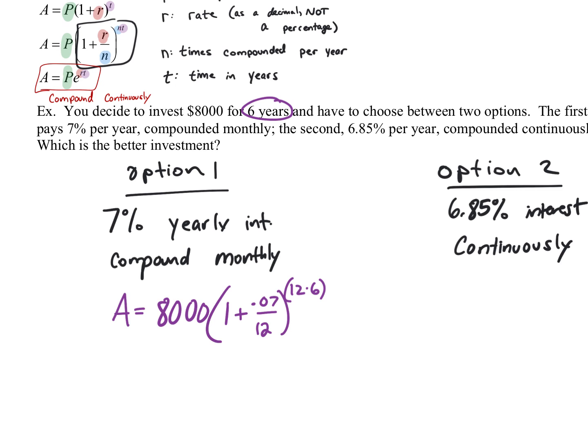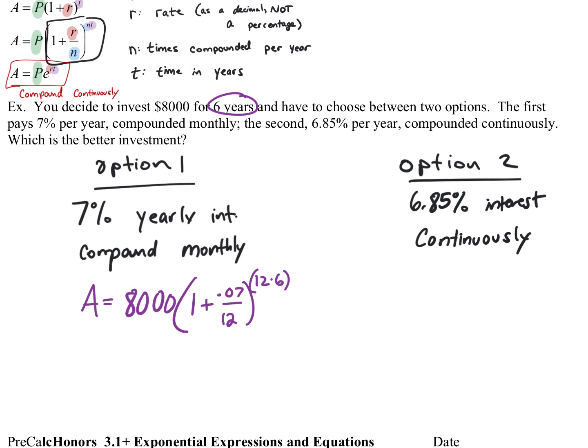Over on the right-hand side, where we're continuously compounding, we're going to use our third formula. A equals, now it's P e to the rt. In this case, our principal is the same. It's still $8,000 times e. Our rate is 0.0685, and our t is still in years.